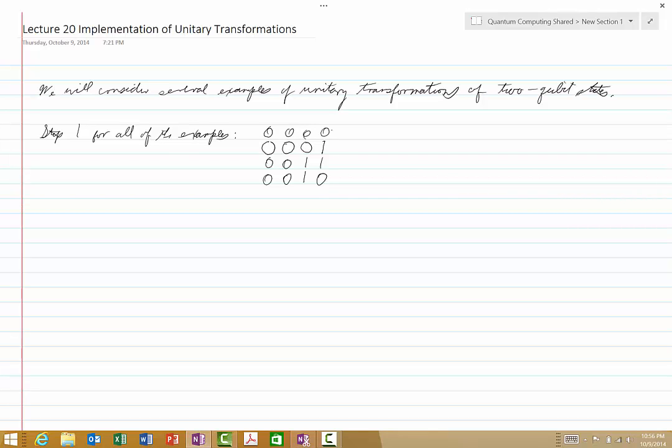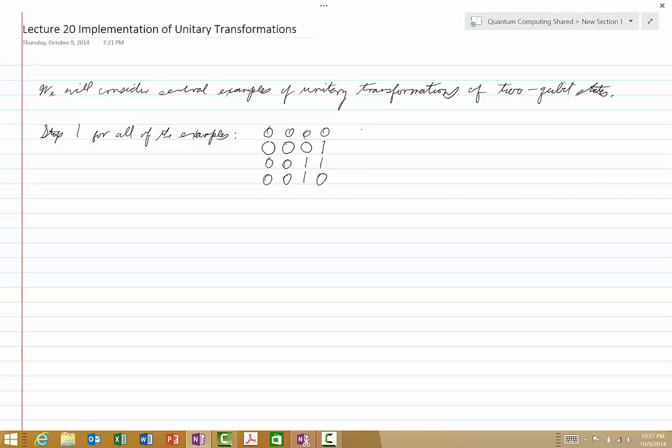I'll start with that one. So 0000 is the first one, 0001 is the second, 0011 is the third, and 0010 is the last one. And you can see if you check any two of these lists, they differ only in one position. So this is a gray code.